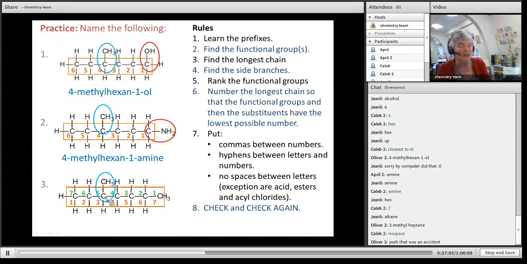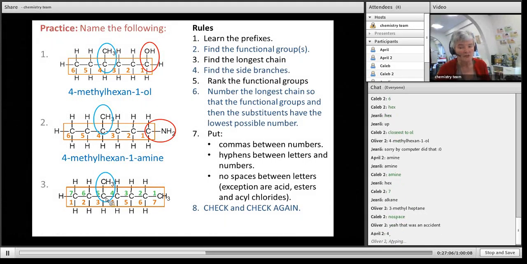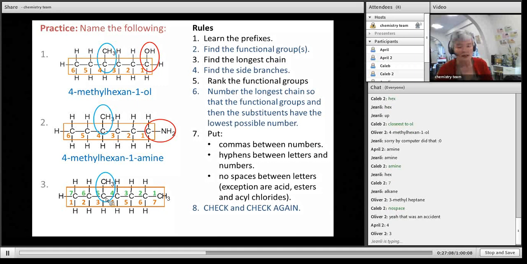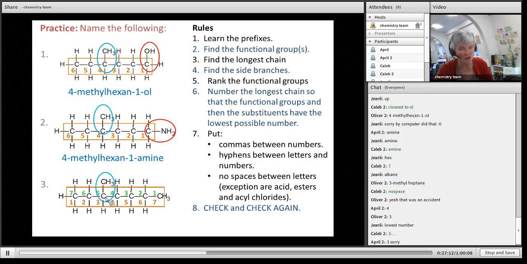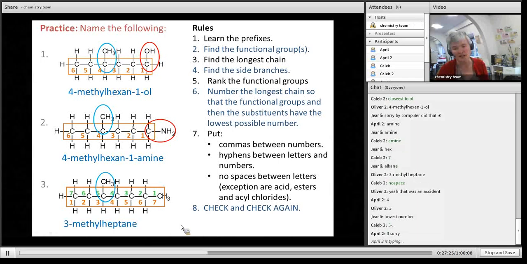Which one is the correct one? 5-methyl heptane or 3-methyl? 3, correct, the lowest number. So if it doesn't matter about the functional group, you go to the lowest possible side chain number. So this would be 3-methyl heptane.